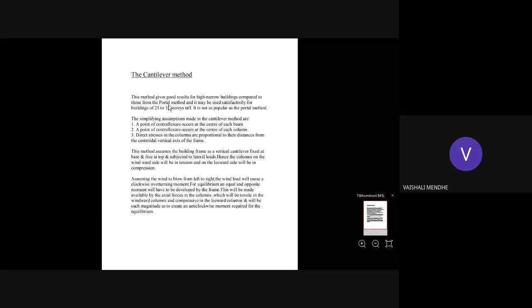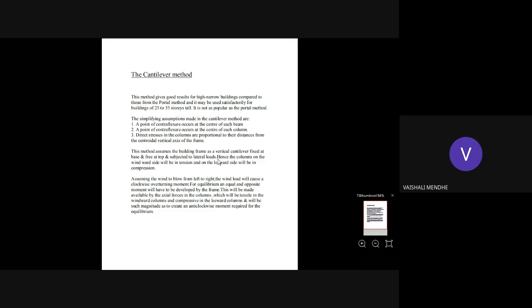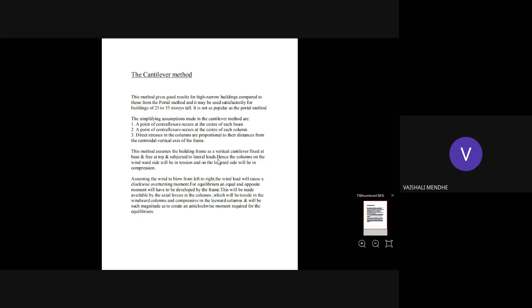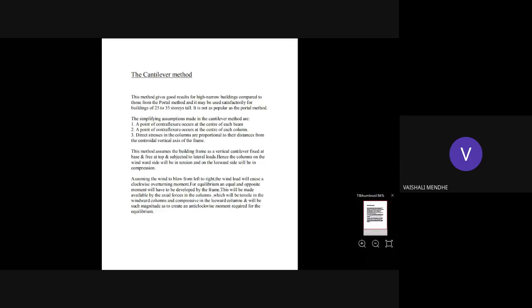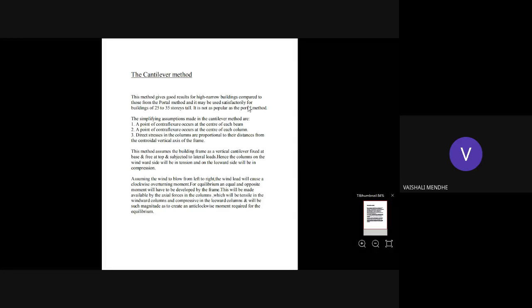First we'll see the introduction of this method, and based on this we'll cover one problem. Again this method is used for high-story structures, that is tall buildings, and it is used satisfactorily for buildings of 25 to 35 stories tall.